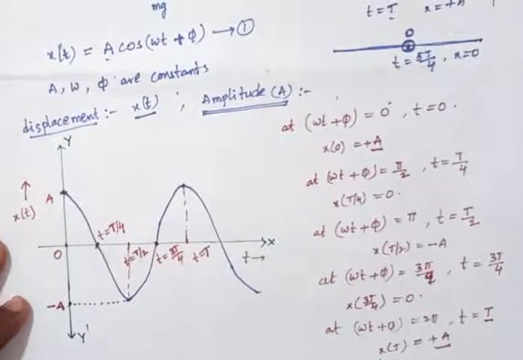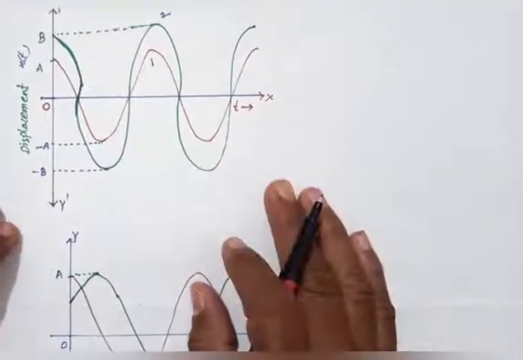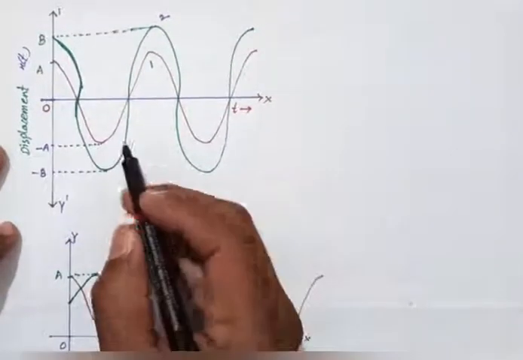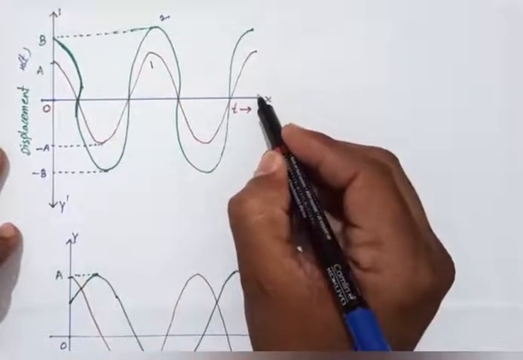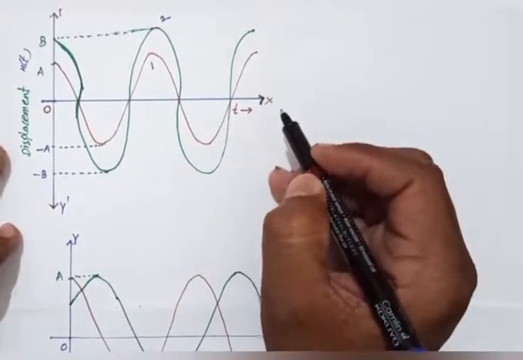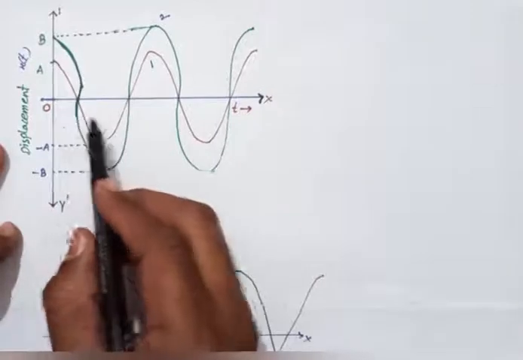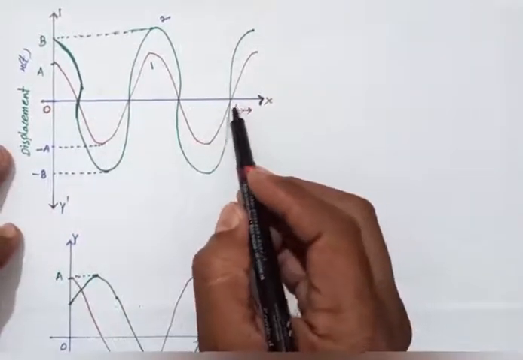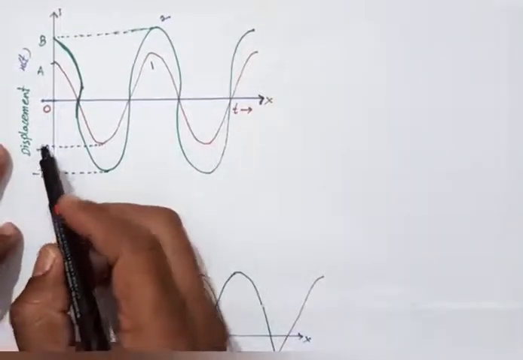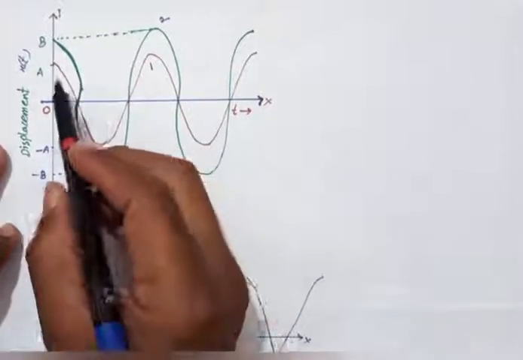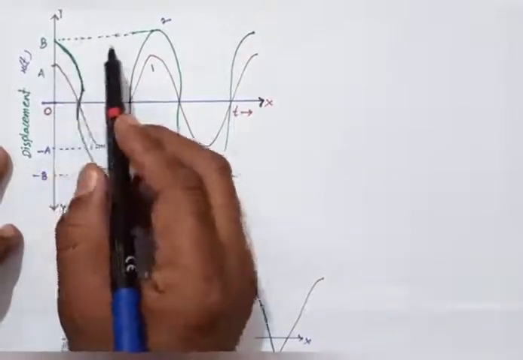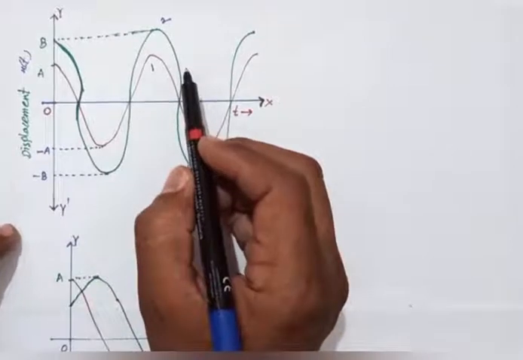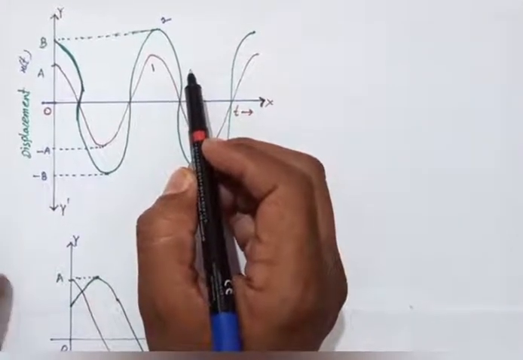Okay, listen. So we are considering the next diagram. The next diagram is between time and displacement. Here we have considered two simple harmonic motion particles.